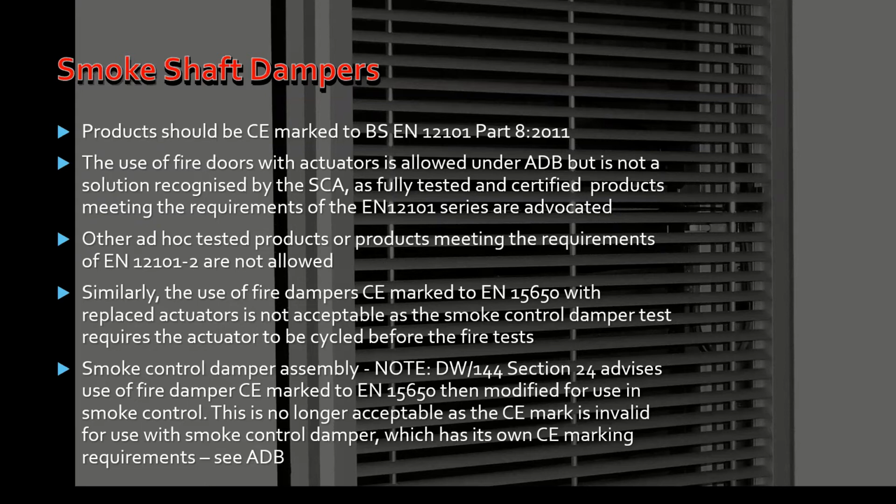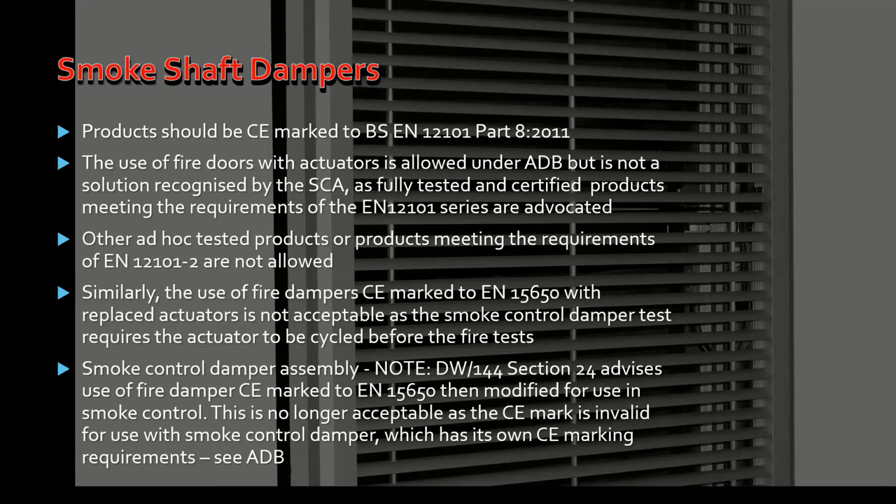However, there is no product standard for this and no independent testing carried out to ensure quality of the solution. The new guide from the SCA recommends fully tested and certified damper and flap products to EN 12101 Part 8, and the SCA is lobbying for Approval Document B to be clarified to this effect.